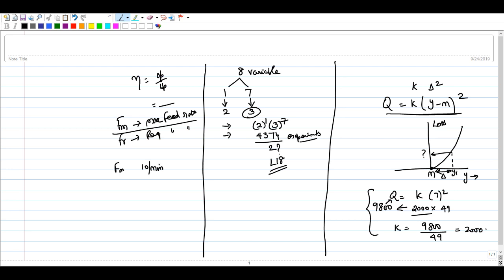I'm just giving an example here, okay? So let's say from a time perspective, you have an assembly requirement where your required feed rate is like 12 per minute. Then this is not the right machine that you're looking at. So your required feed rate should always be less than or equal to the maximum feed rate. That's all the concept is. I hope the difference is also clear from that.